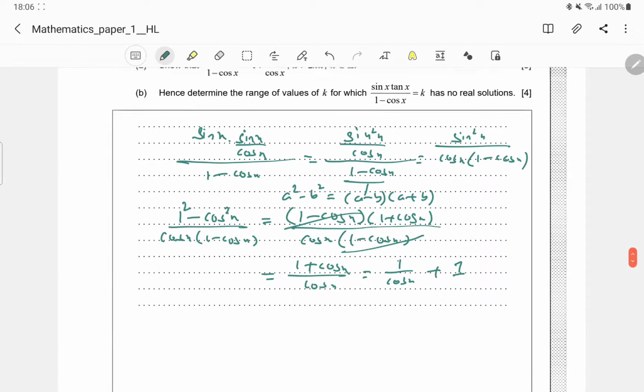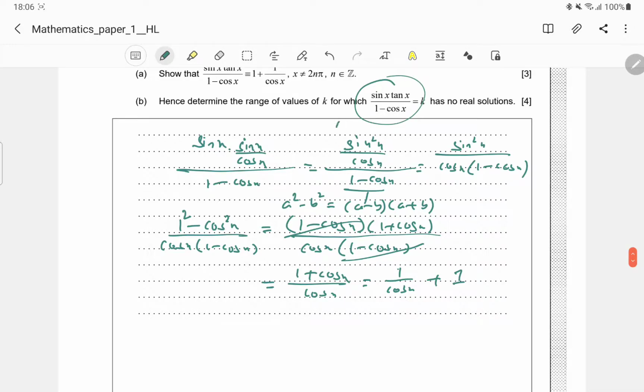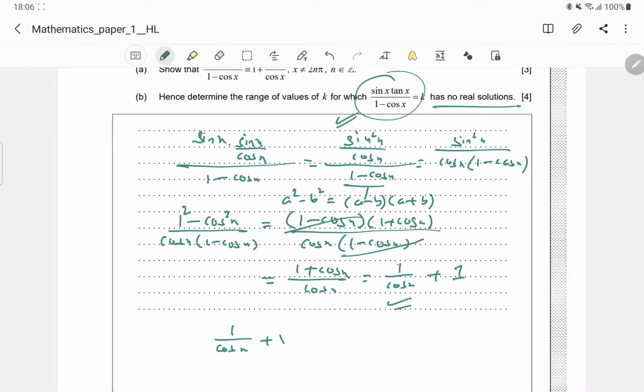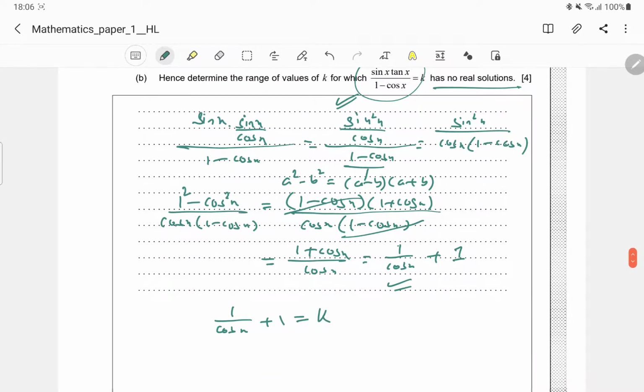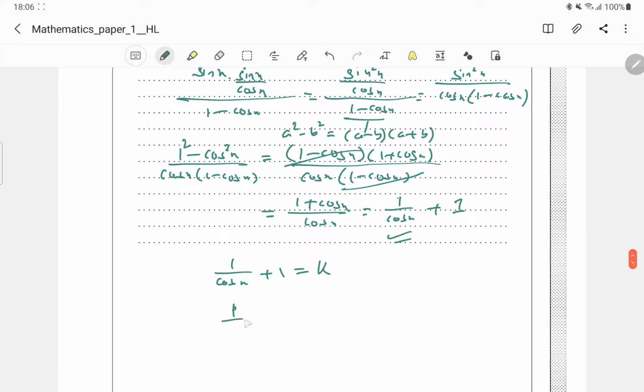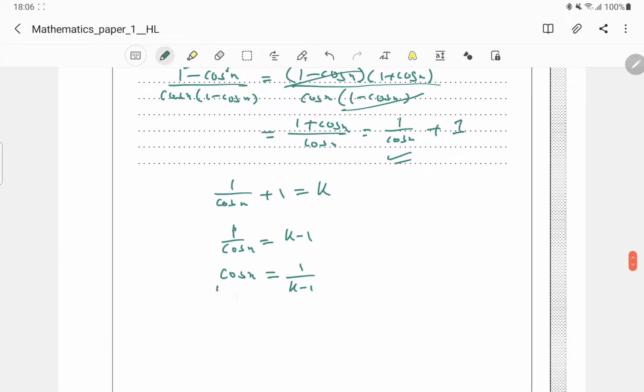Now we have to determine the range of this function. It means we have to find the range of this function when the function has no solution. So we'll take this equals to k, and the value of k is 1 over cos x plus 1, so 1 over cos x equals k minus 1. Just reciprocate it, so cos x equals 1 over k minus 1. Cos x gives no solution when cos x is less than minus 1 and when cos x is greater than 1.